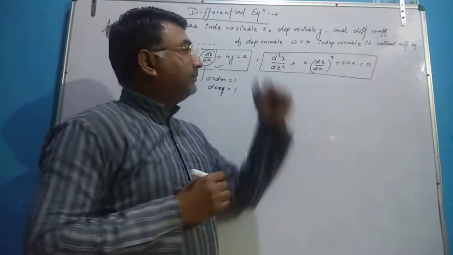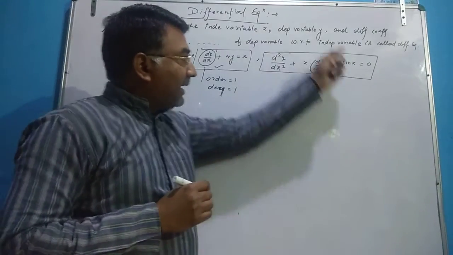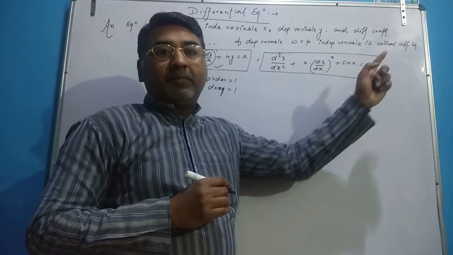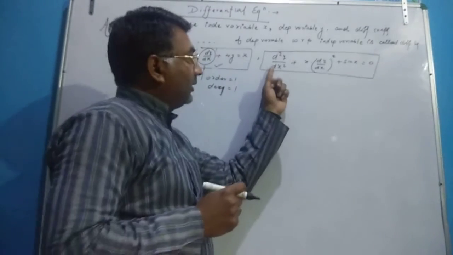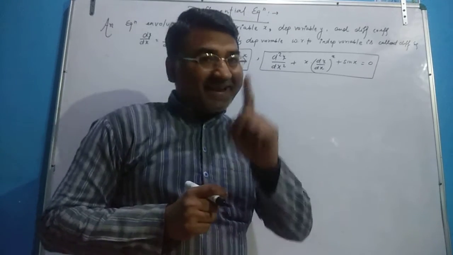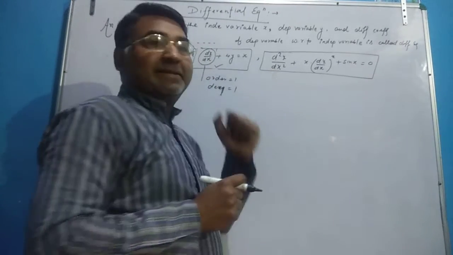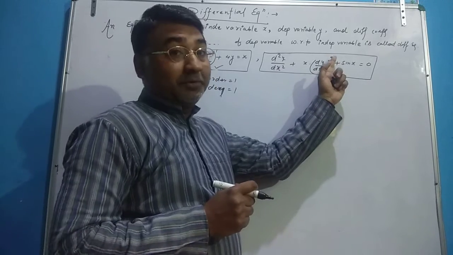And in the second equation, what is the order and degree? First of all, we find the maximum order of the derivative. Maximum order means d2y by dx square, the second derivative. And this is the first derivative, but with an exponent of 2.